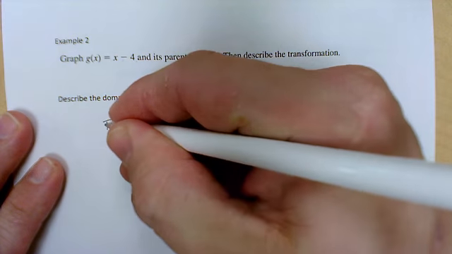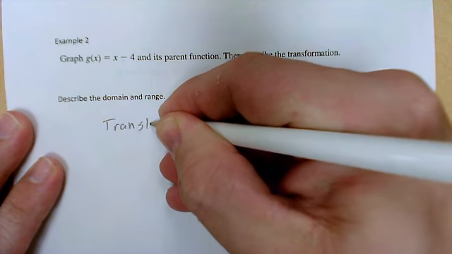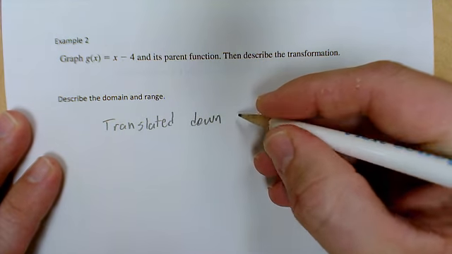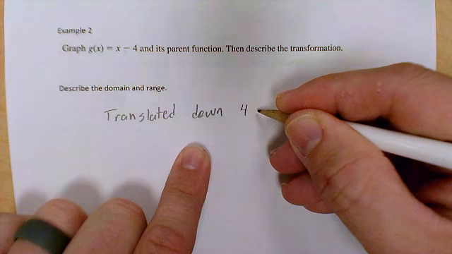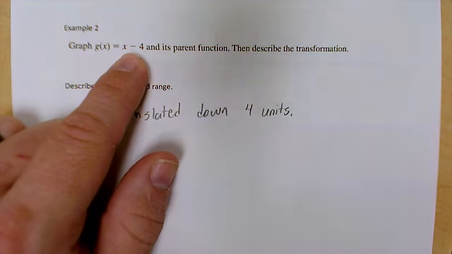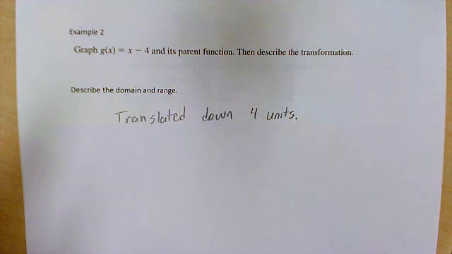Translated down 4 units. And if it had been plus 4, it would have been going up instead. Now, describing the domain and range is really easy.